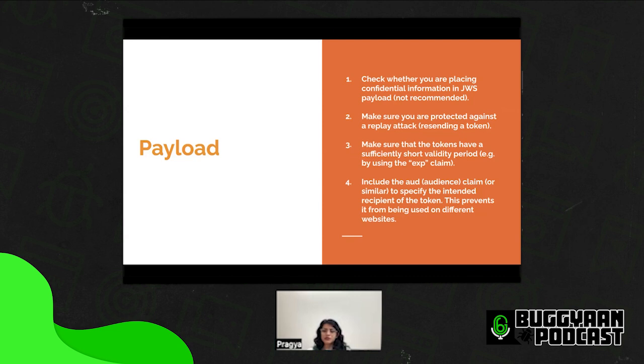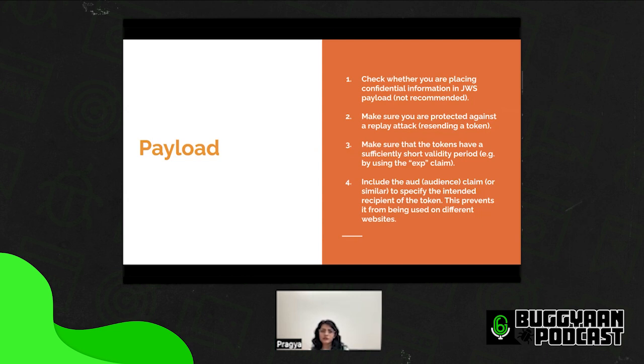Then the next is make sure you're protected against a replay attack. A replay attack is when there is no expiry and you can use the same token again. For example, there is a user who accessed an application and their token does not expire.